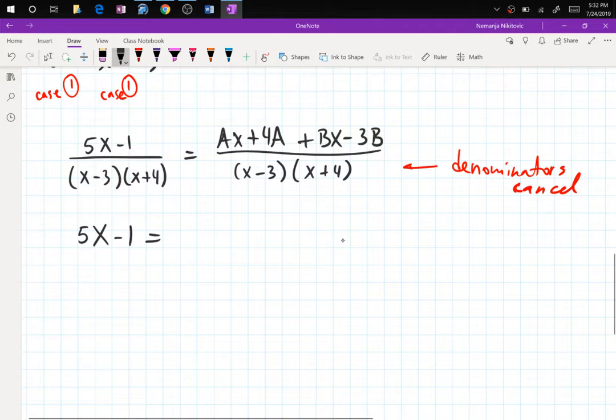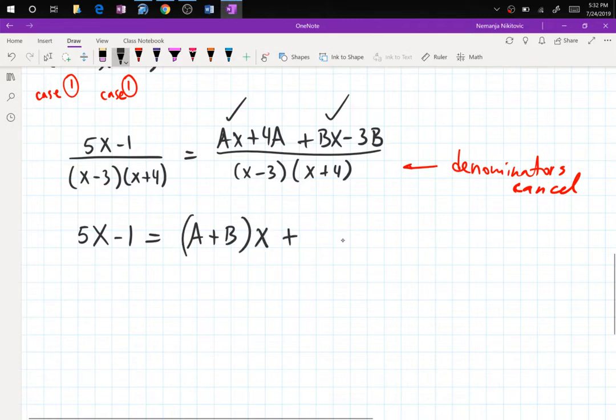Bunch up your x's together and your non-variable terms, like 4a and 3b, push them together, and then just compare coefficients. So if I take a look at the two guys that have x's, that's going to be (a plus b), everything times x.